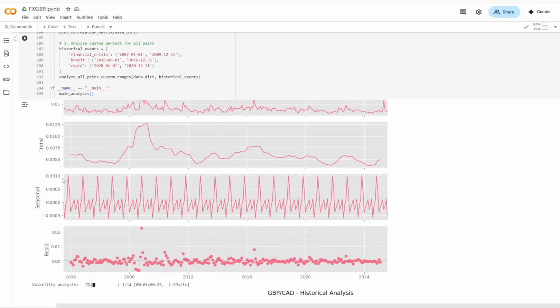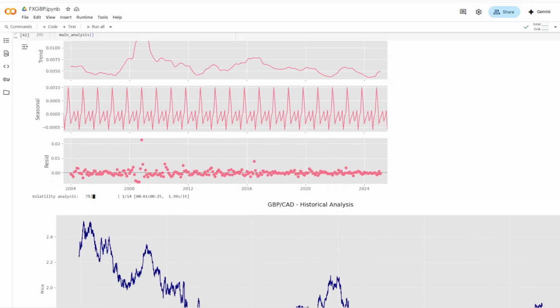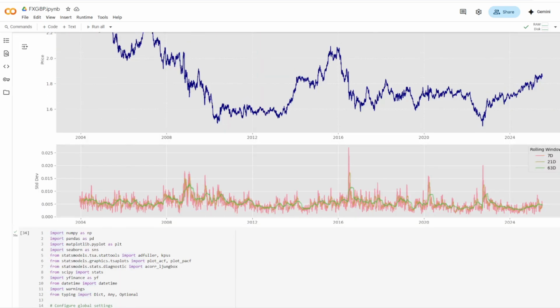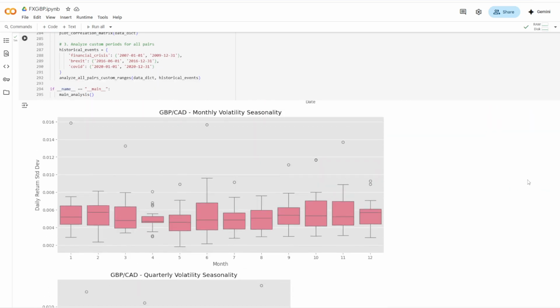And then you have a seasonality effect, and you have the residuals. So it's just the residual error noise of the daily returns in the seasonal volatility of this daily return. And we can implement this for all the time series that we have.